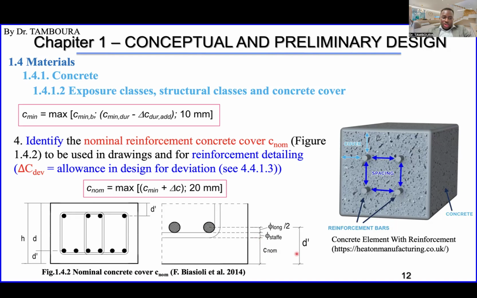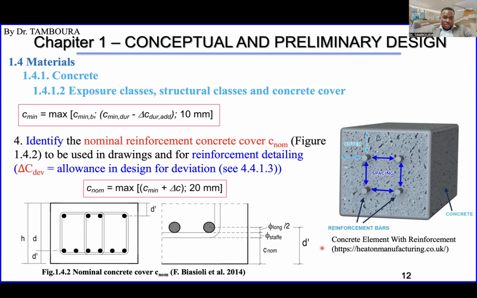So the other definition, you can see D prime. D prime is from the center of this to the surface, which is here. You can see from the center. So for that, you need to add the diameter of this bar, this steel, which is here, and half of the diameter of the long bar.